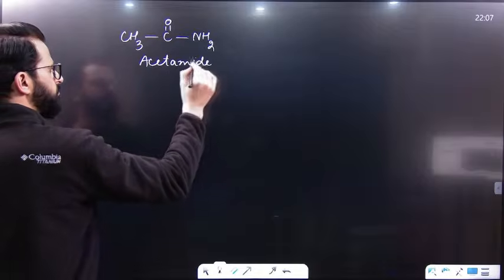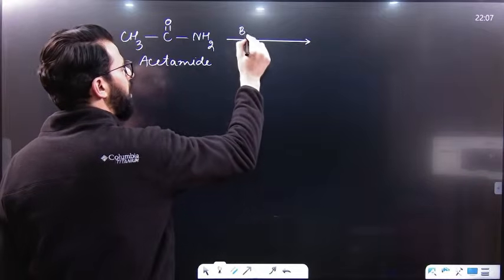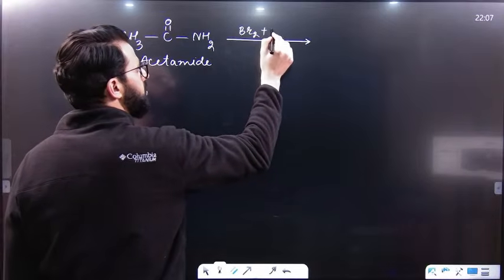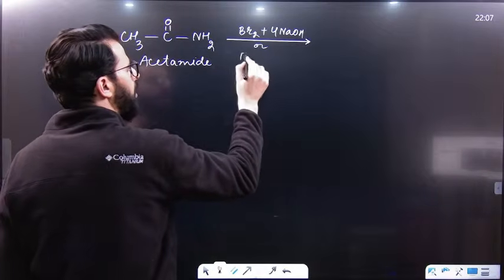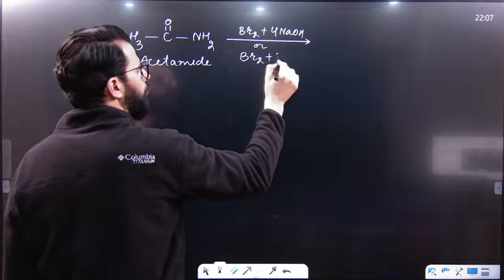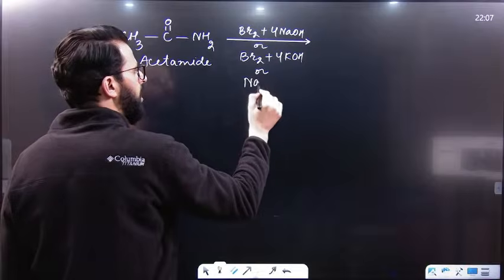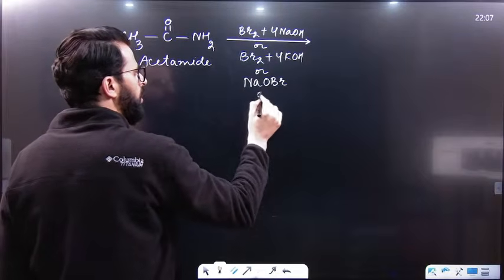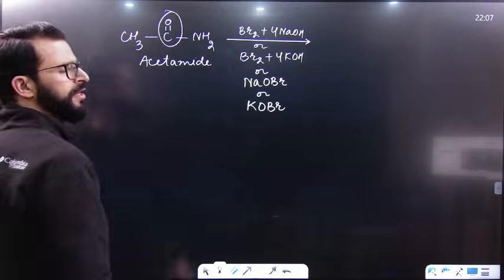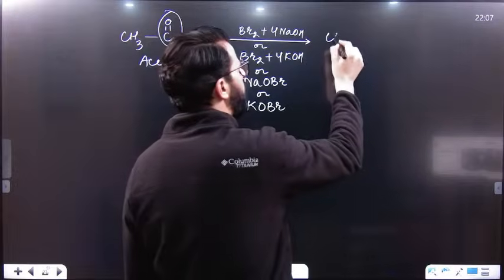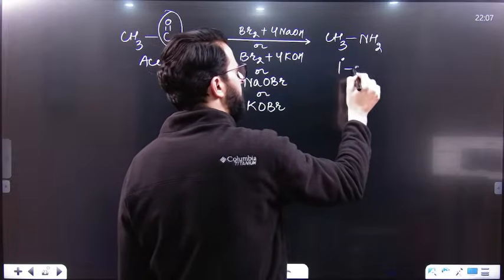Now, upon treatment with either Br2 plus 4 times NaOH, or Br2 plus 4 times KOH, or directly NaOBr, sodium hypobromite, or potassium hypobromite, we simply remove this C double bond O and form a product like RNH2, that means methylamine, a primary amine.